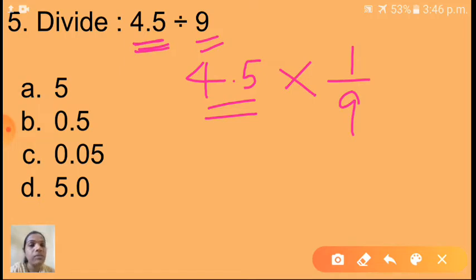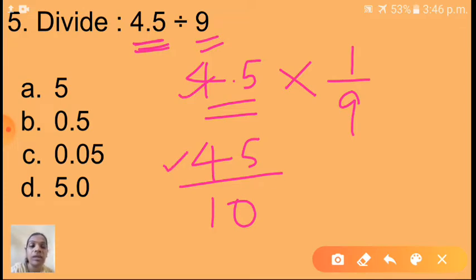At the same time, this 4.5 you can also write as a common fraction. How can you write it? Yes, 45 upon 10. Okay, this decimal number you can convert like this. That means 45 upon 10 into 1 upon 9.